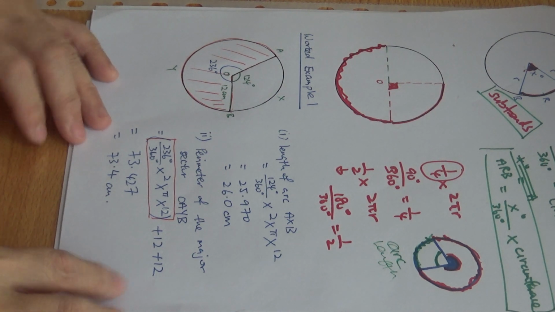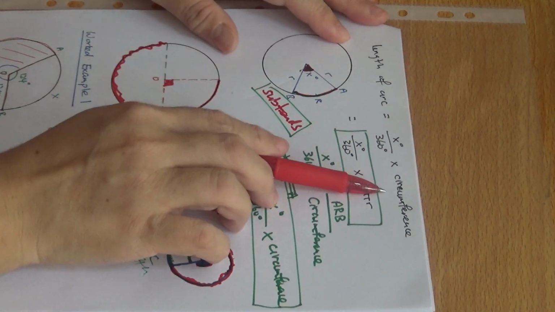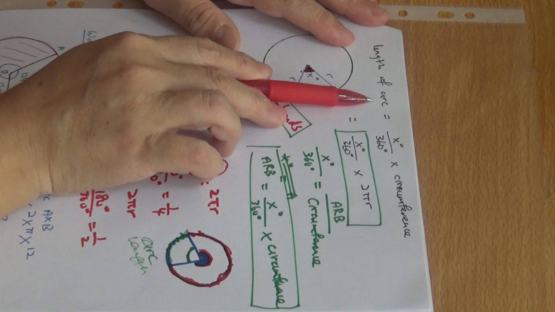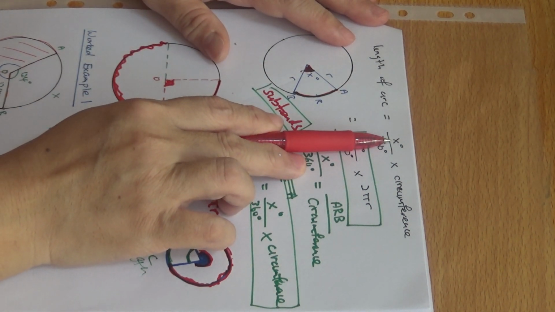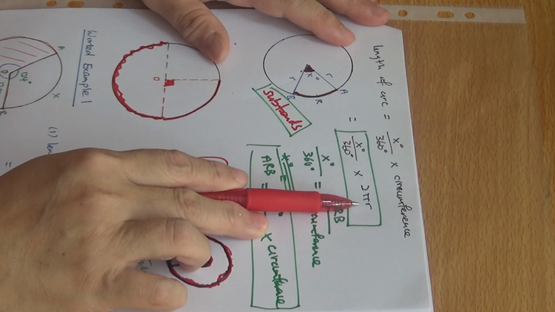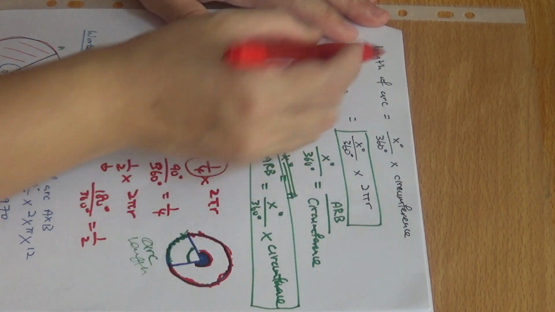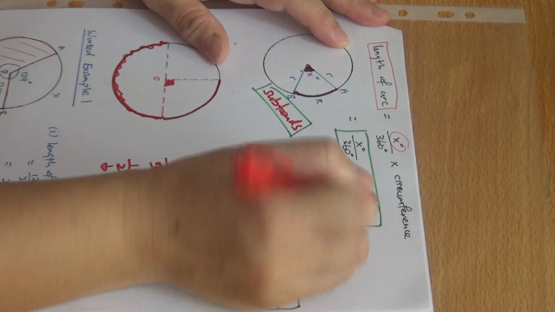Now another thing I need to tell you about this formula is that we can use it to find the length of arc. We can also use it to find the angle subtended at the center. We can also use it to find the radius. That means we can use it to find length of arc, the angle, or the radius.